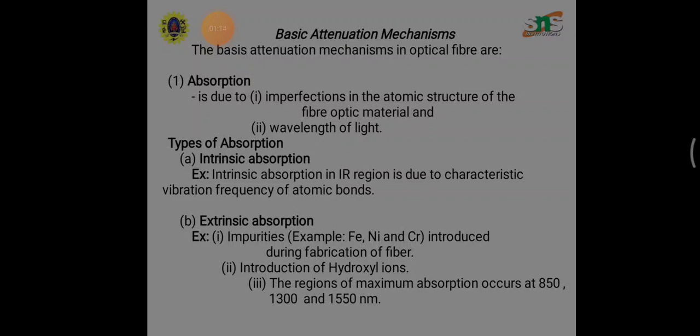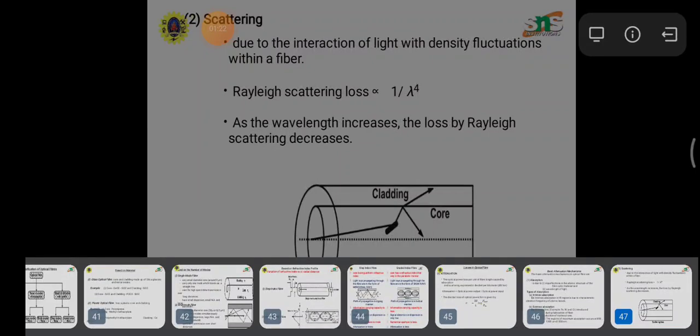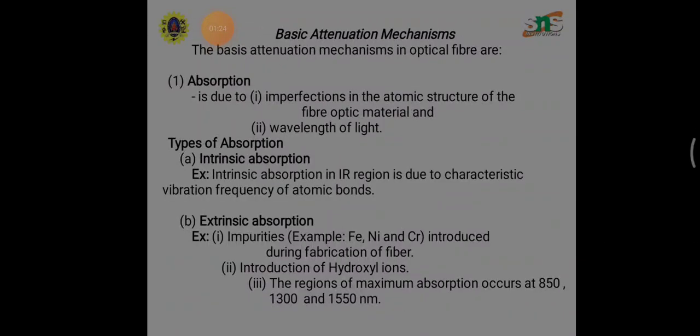So first we discuss intrinsic absorption. Intrinsic fiber loss, or cable attenuation, is a measure of the loss of optical power in the fiber itself due to light absorption of the fiber material, scattering, and dispersion.